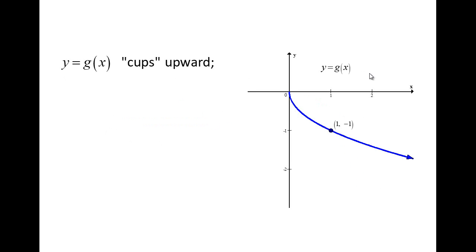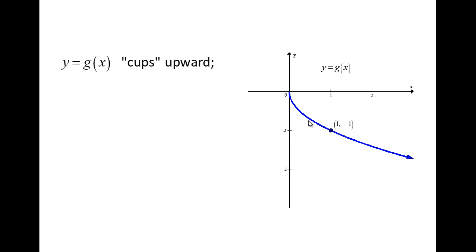Now look at the function g of x, which recall is given by a negative root of x. In this case, notice that at any point on the curve, the tangent line lies below the curve.